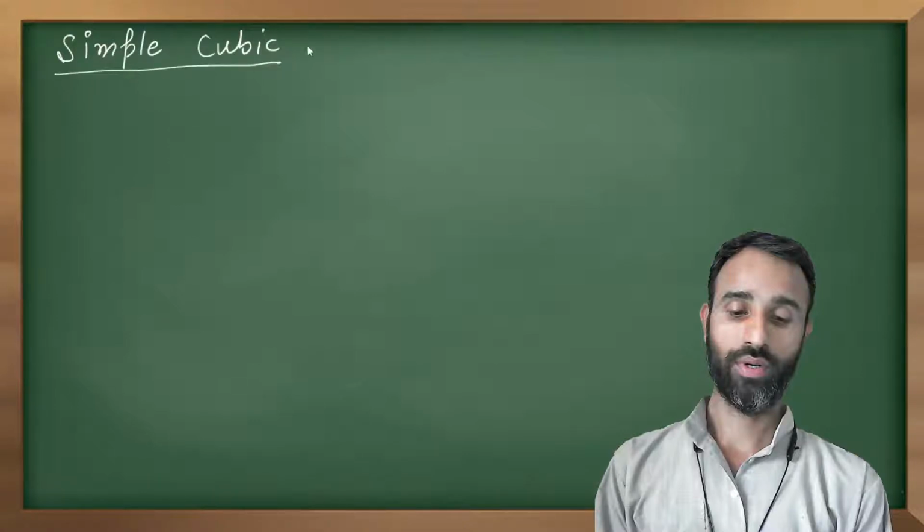Now in a simple cubic unit cell, spheres are at the corners only.